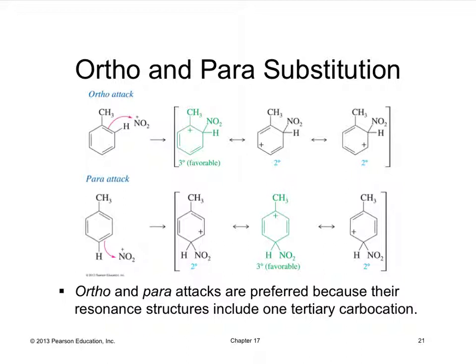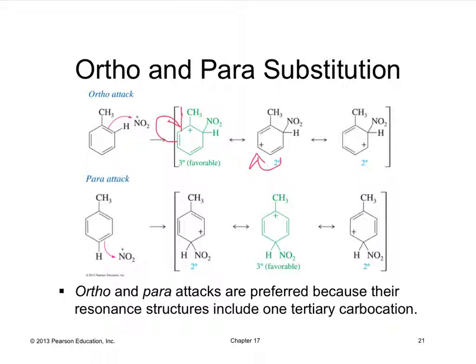If we look at the first step, attack of the nitro group generates three possible resonance structures. Here you have the ortho position, then electrons move so that this was tertiary, now it's secondary, and this moves again over here.